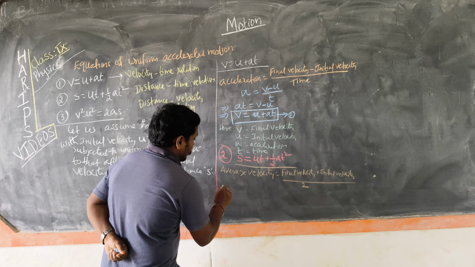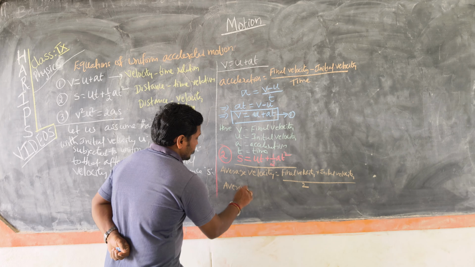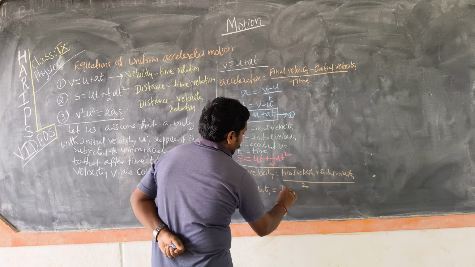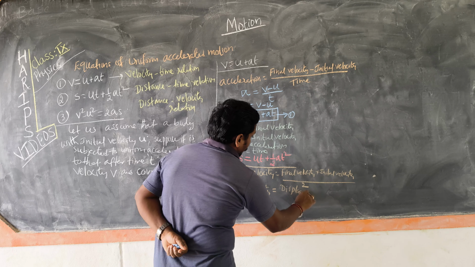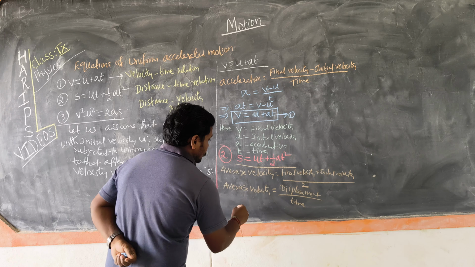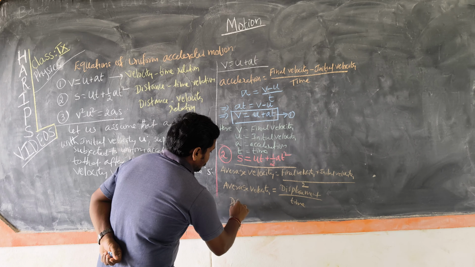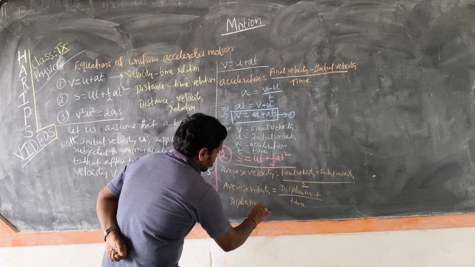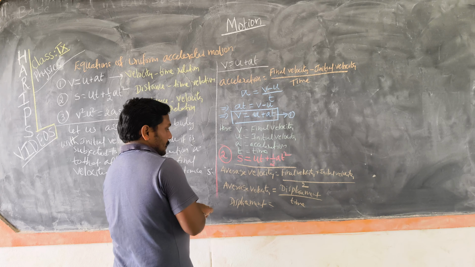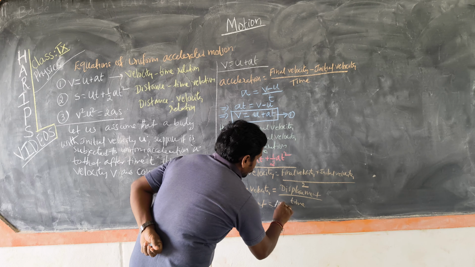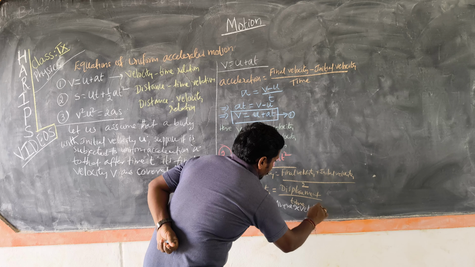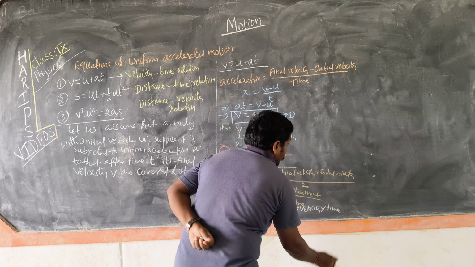And also we know that average velocity is equal to displacement by time. From this we can write displacement or distance is equal to average velocity into time.